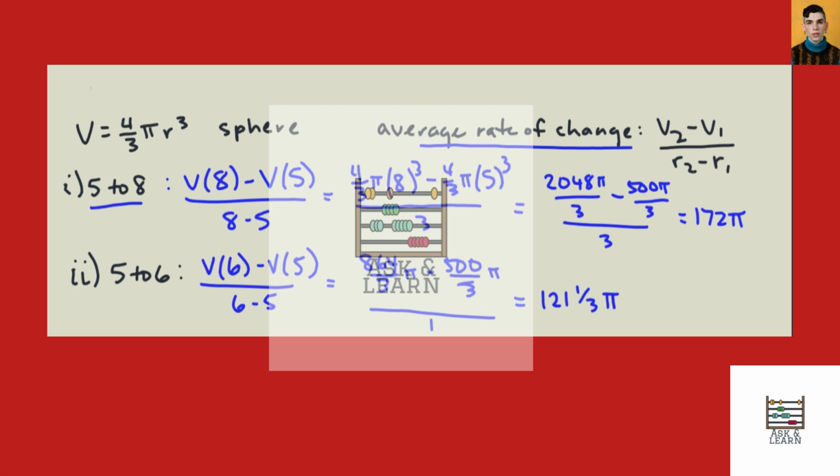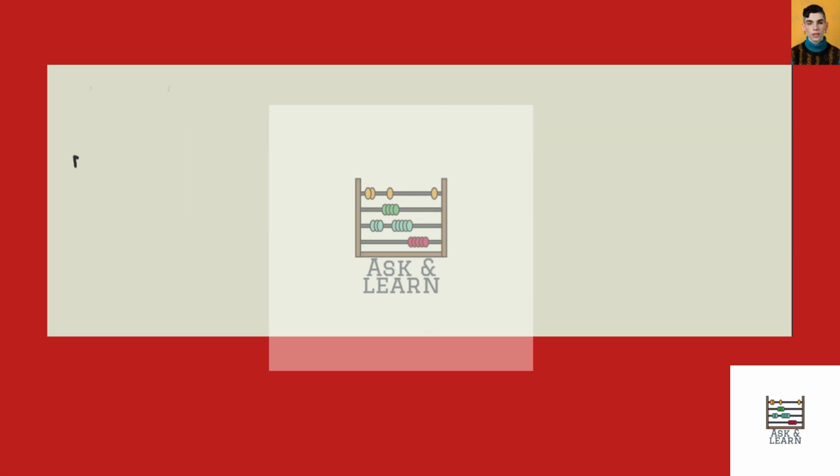And we're going to go through this process a third time for another interval. This time it is from 5 to 5.1. So you notice that we're inching closer to 5. 5 seems to be the number of the day here. And so we're going to have the volume at 5.1 minus the volume at 5 divided by 5.1 minus 5.